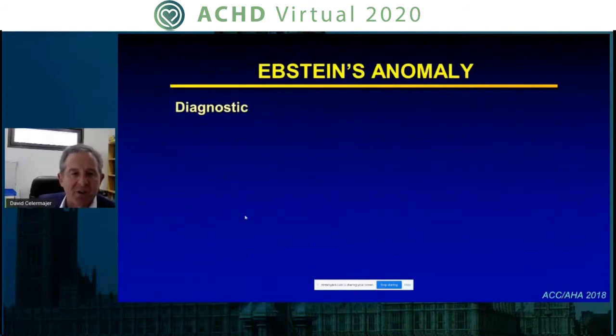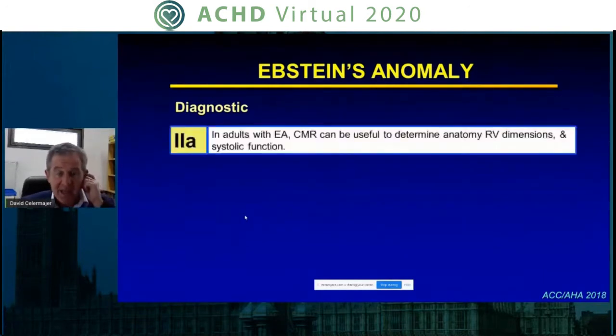Well, with diagnosis, there are a couple of important diagnostic guidelines, although they need to be taken with a slight grain of salt. The first is that in adults with Ebstein's anomaly, cardiac MR can be useful to determine anatomy, right ventricular dimensions, and systolic function.